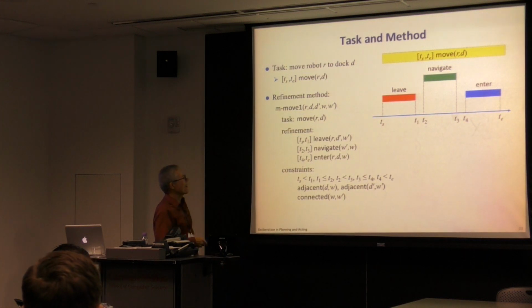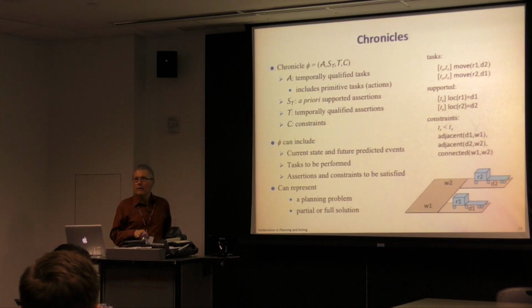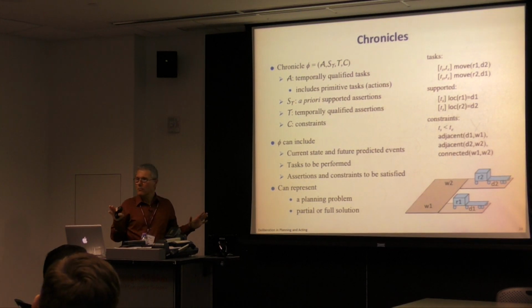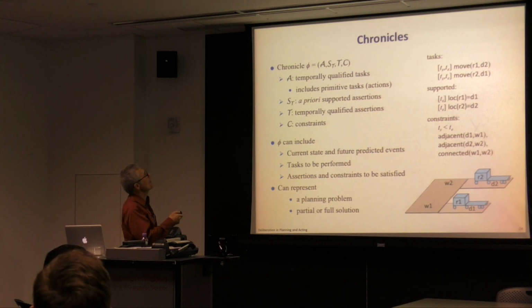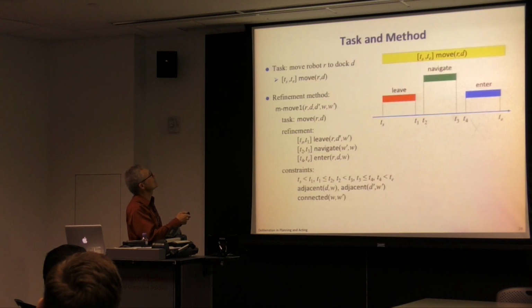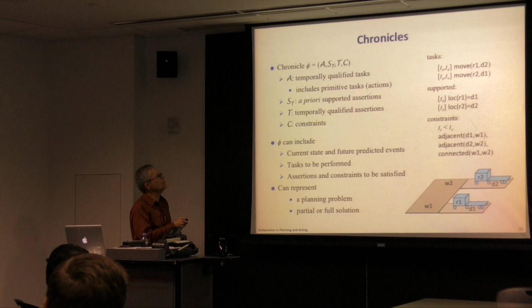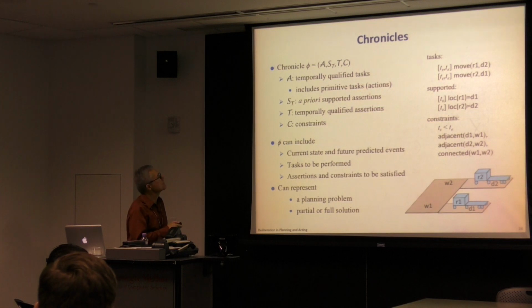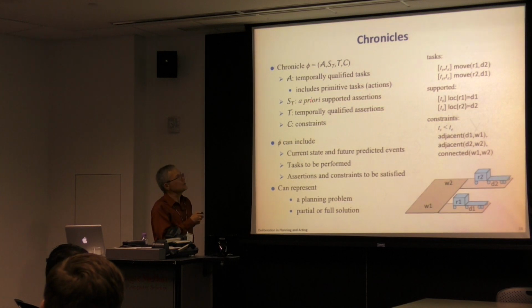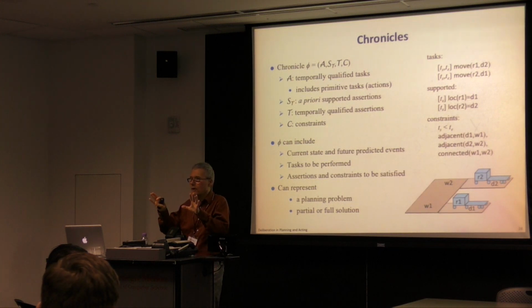A chronicle, which is going to be a representation for a bunch of different things, is going to consist of a set of tasks, things like this. It could include primitive tasks or actions. It's going to contain a list of temporal assertions that we are saying are supported a priori.